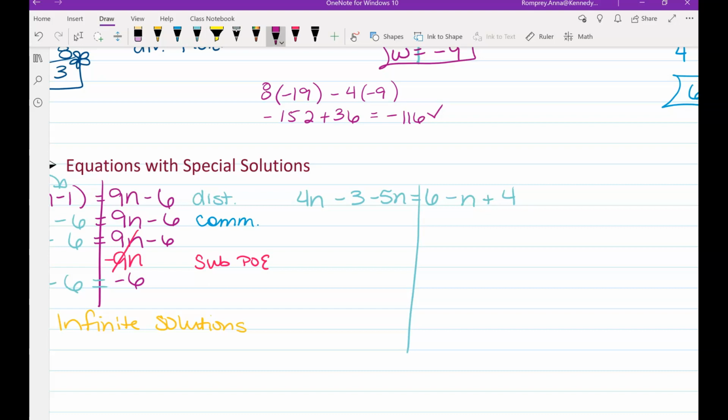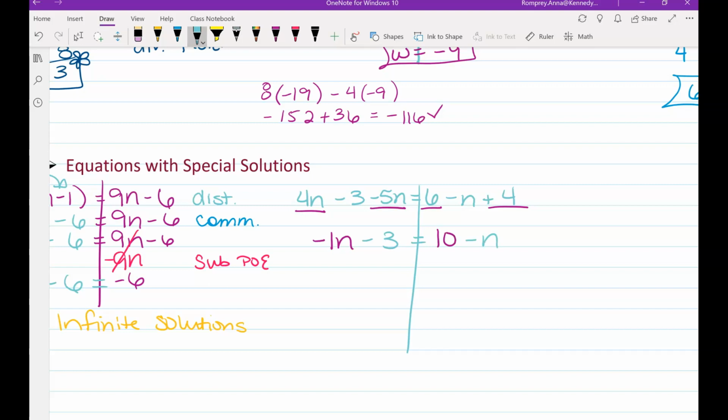So let's look at combining like terms. On my left side, I have 4n and negative 5n, so negative 1n minus 3 equals, on the right side, a positive 6 and a positive 4. So 10 minus n.